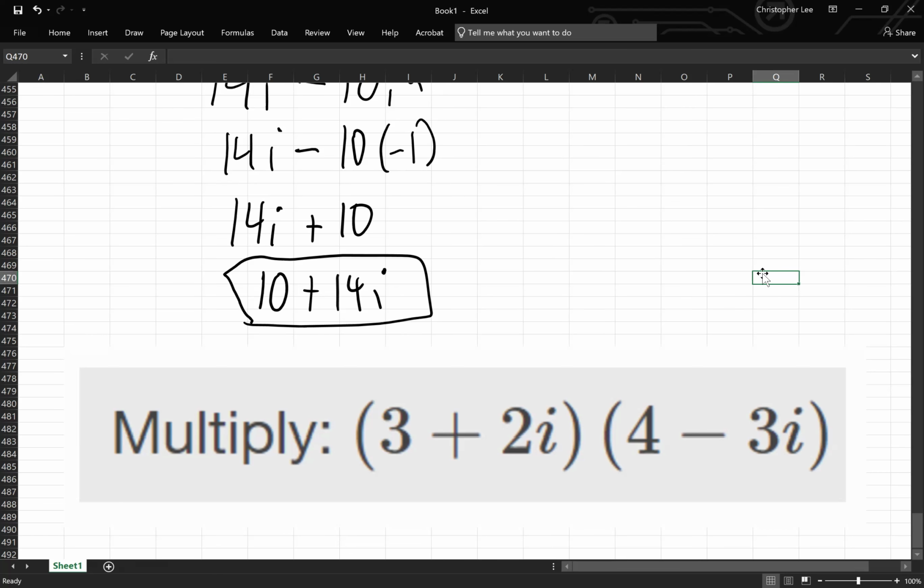And then combine like terms. Yeah, multiplication is a little different.